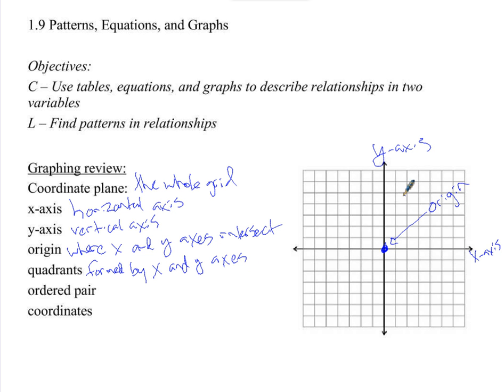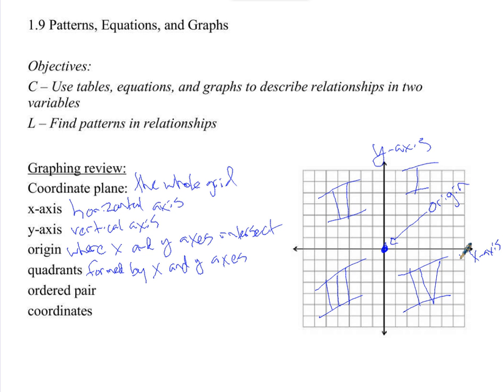This one would be quadrant what? It's 1. That's a Roman numeral 1. Quadrant 2 is where? To the left. Quadrant 3, below quadrant 2. And quadrant 4. Roman numerals. 1, 2, 3, 4.